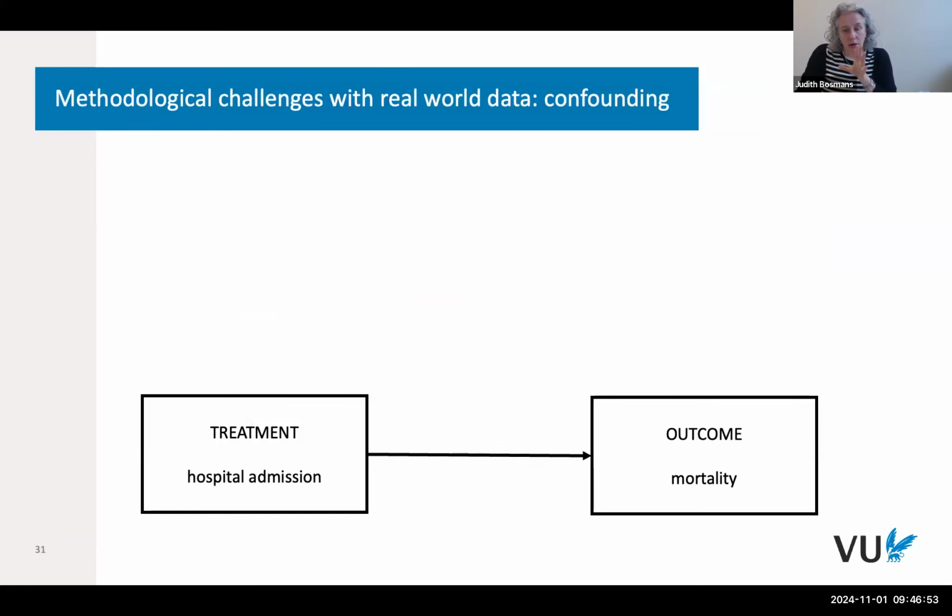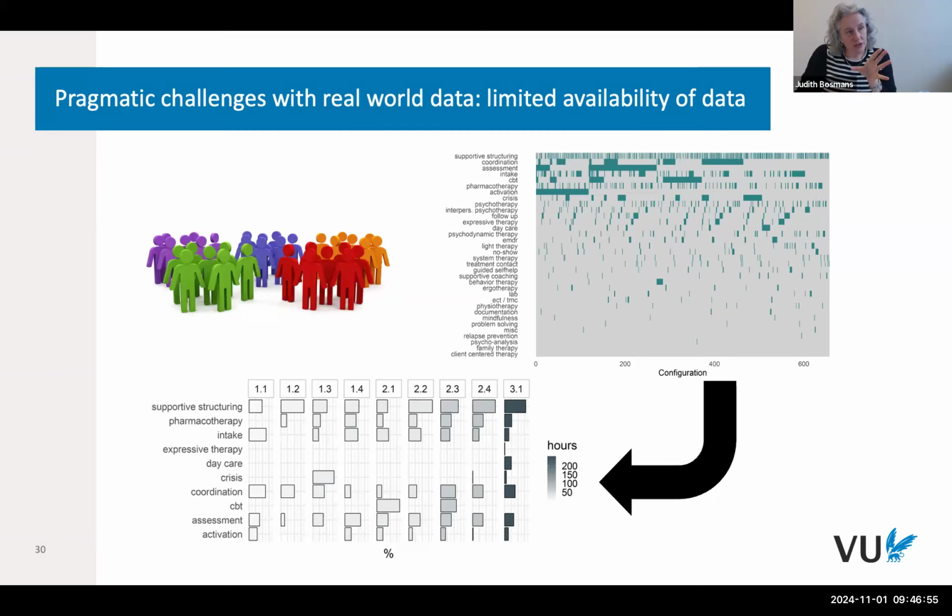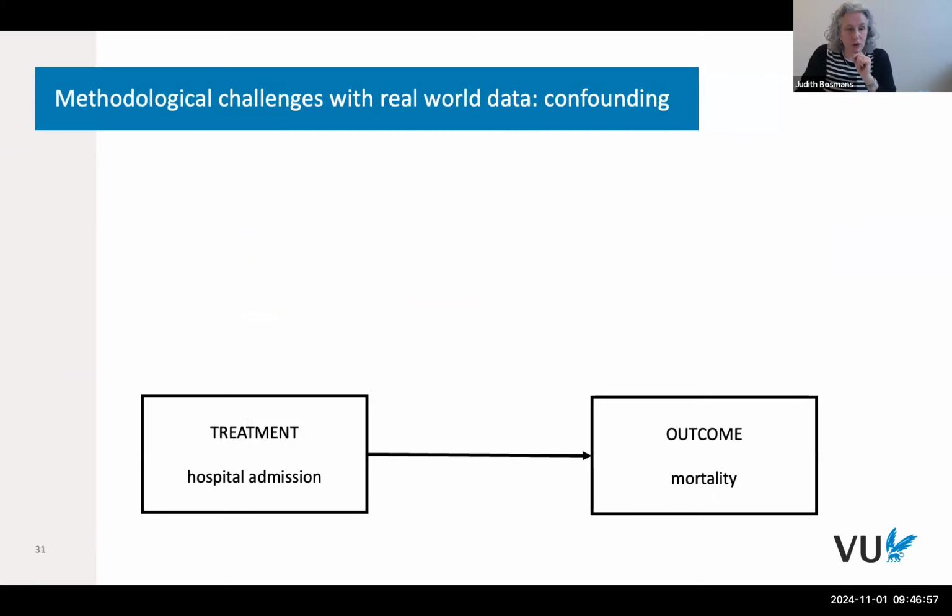So these are the more pragmatic challenges that we identified, but there are also lots of methodological challenges that you encounter when analyzing real-world cost-effectiveness data. And I think the most important one is confounding.